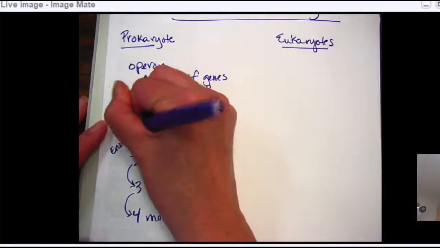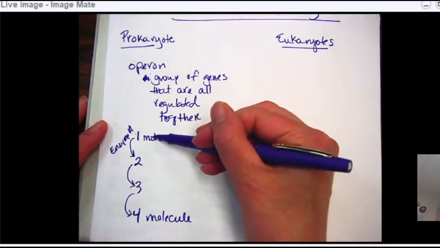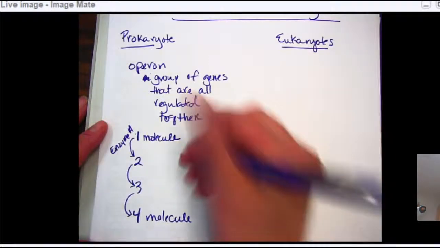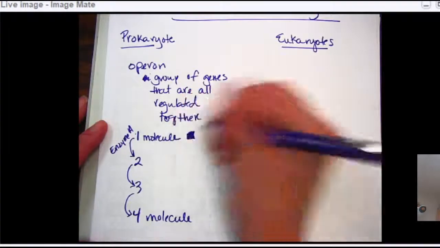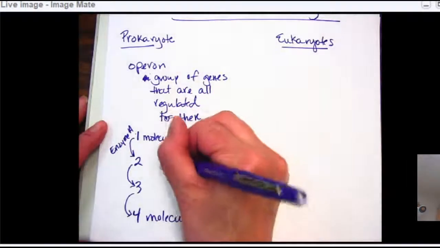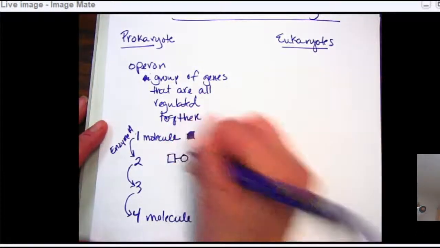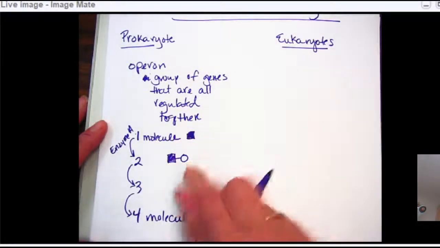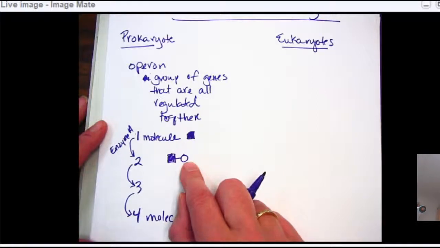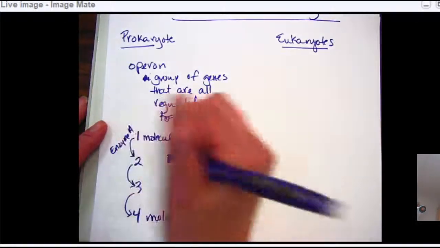Enzyme A would help catalyze a reaction where molecule 1 could become molecule 2. If we're doing it really simplistically, molecule 1 binds to another one to create molecule 2.